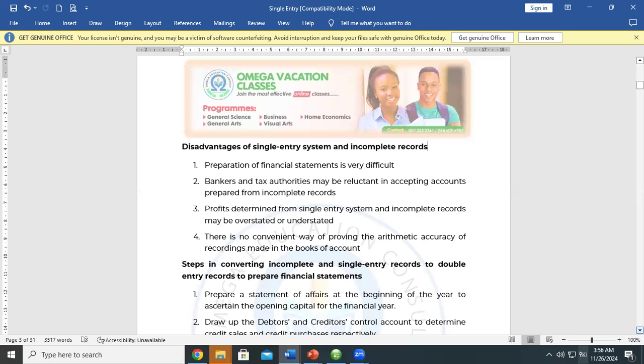And number two, some of the figures may be missing. So you might not have sales, or even if you have sales, the credit sales might not be there. Credit purchases may not be available, or even total sales and total purchases may not be there. The expenses incurred for the period may be scanty, as well as the income, right?